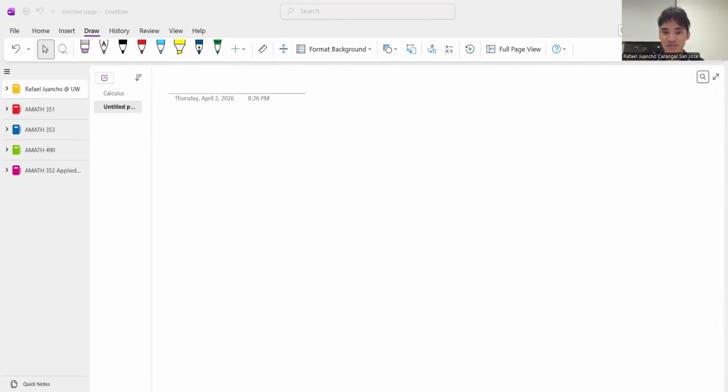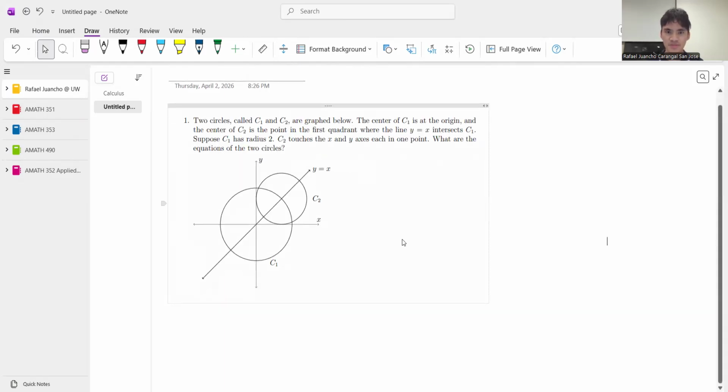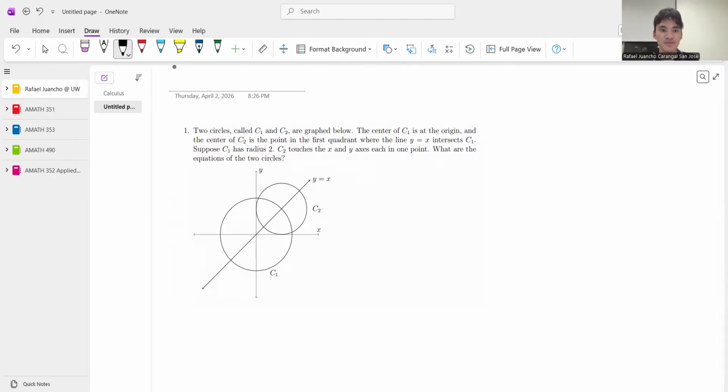Now, the prerequisite to calculus is, of course, pre-calculus. And with pre-calculus, we have to know how to do algebra, geometry, and trigonometry. That's how we're going to succeed in this course. So here we first talk about tangents to circles.